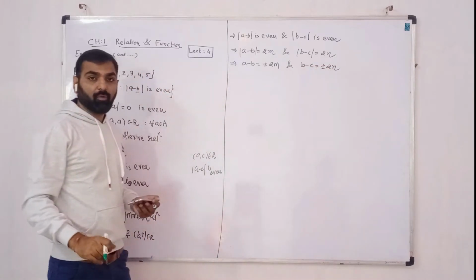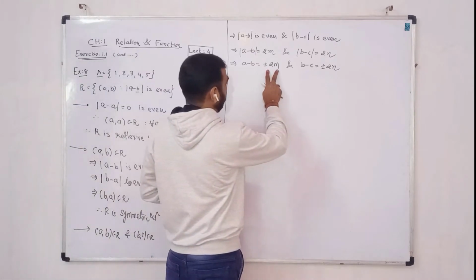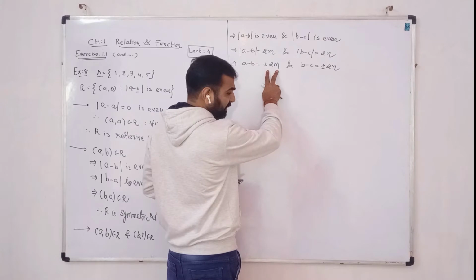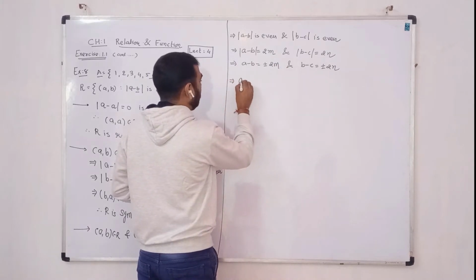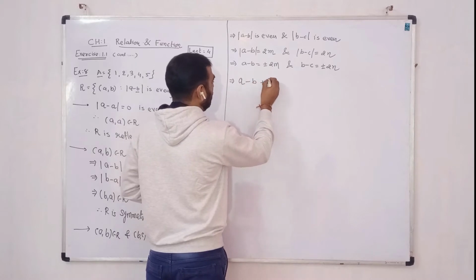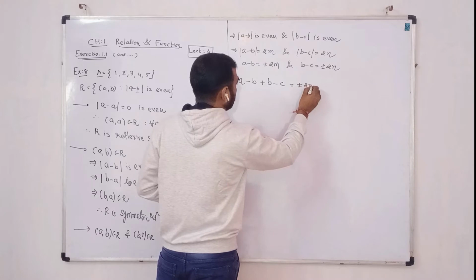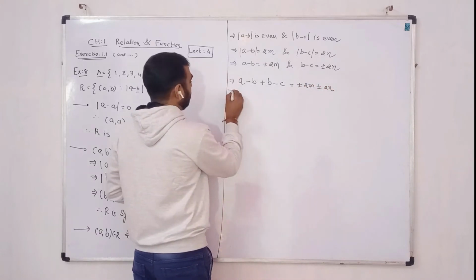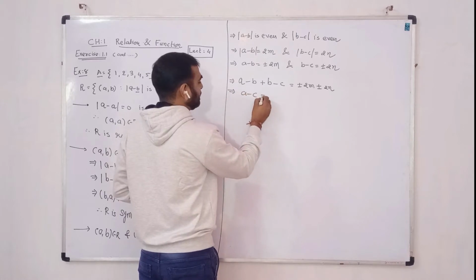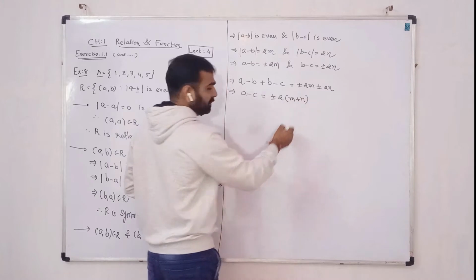Now we require a minus c. This one is 2m, a multiple of 2, so an even number, and this is also an even number. The sum of these two even numbers, a minus b plus b minus c, is plus or minus 2m plus or minus 2n. So b cancels, and a minus c is equal to plus or minus 2 common, (m plus n).